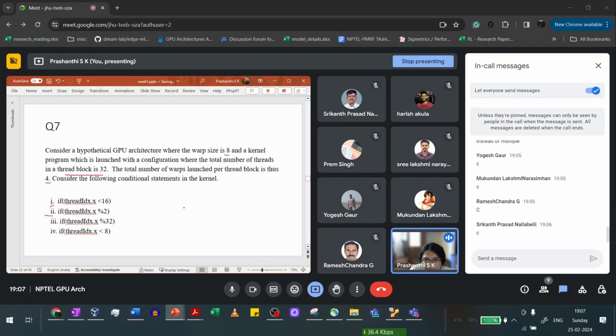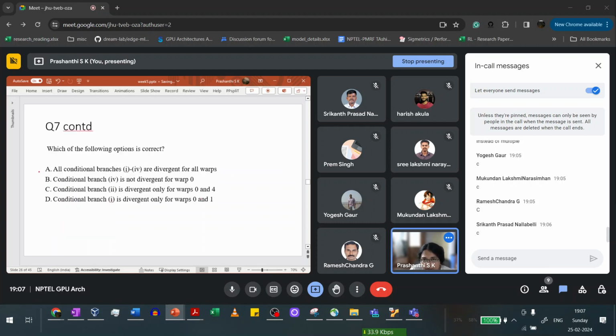Now you are given a few options based on these. All conditional branches are divergent for all warps. Conditional branch 4 is not divergent for warp 0. Conditional branch 2 is divergent only for warps 0 and 4. Conditional branch 1 is divergent only for warp 0 and 1. You have to pick which is the correct option about the conditional branches in the previous slide. I'll pause here for a few seconds and go back to the previous slide, and then you can tell me the answer in a couple of minutes.